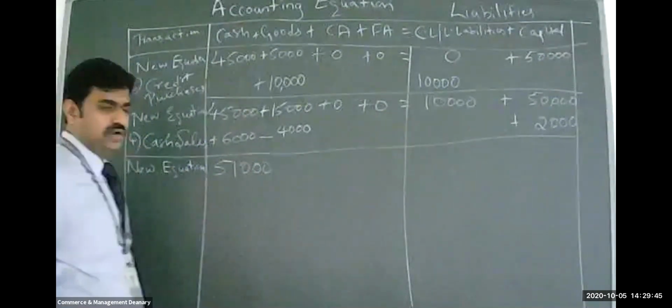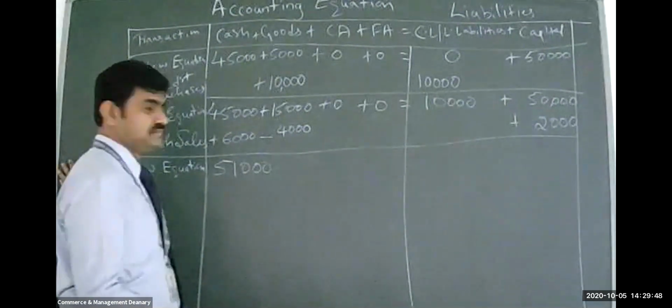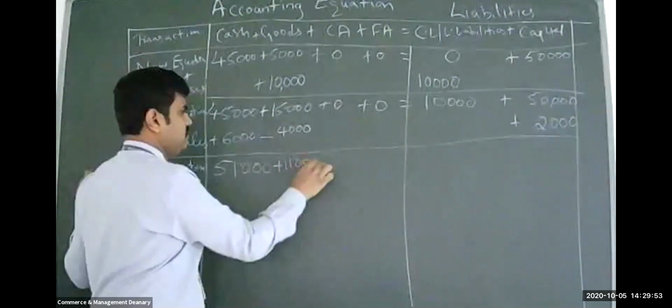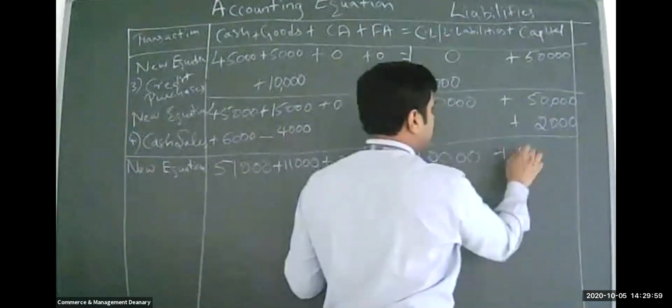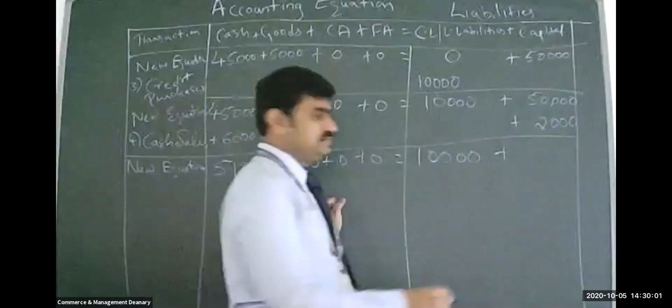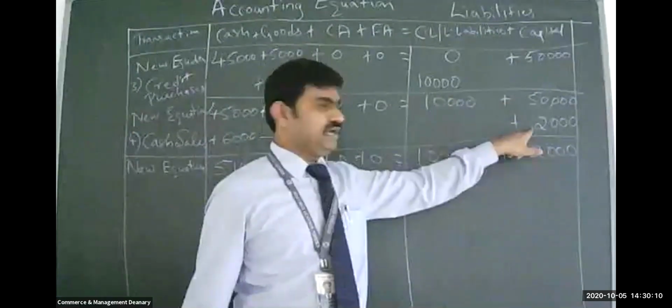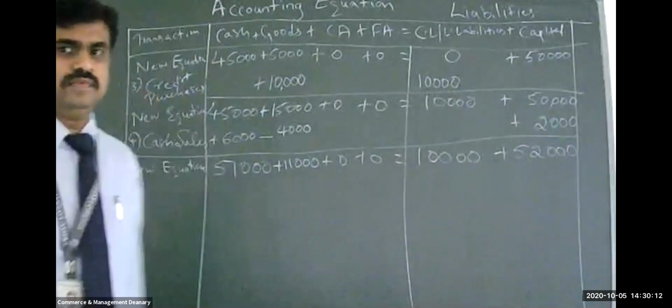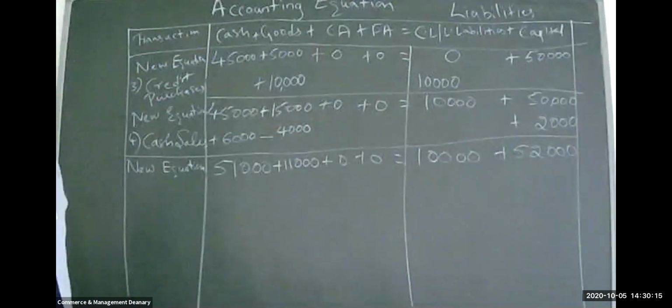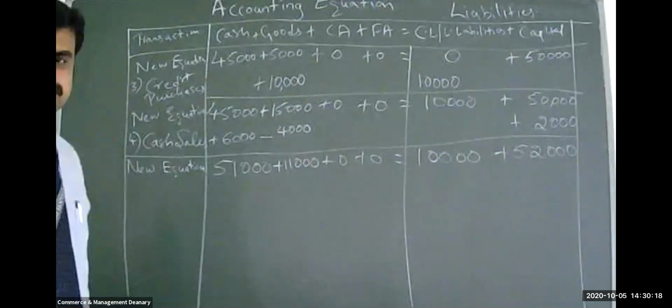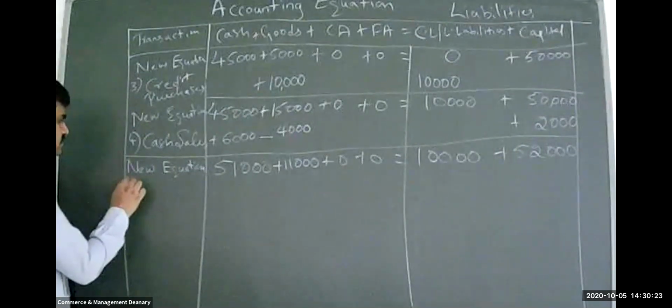Then 11,000, plus. And liability is 10,000. Plus capital how much? 50,000 plus 2,000, that is 52,000. Clear? Somebody said 70,000. 52, sir. Now write down the next equation.